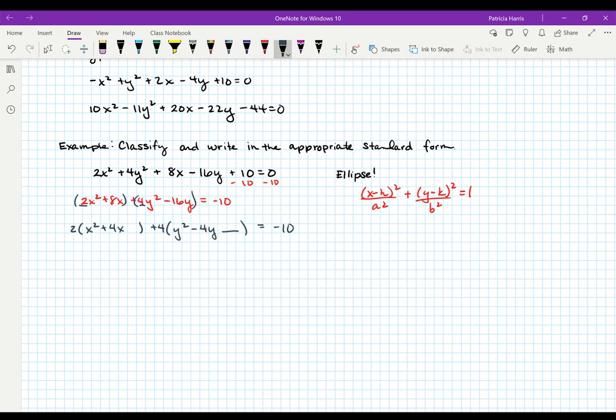Now, when you complete the square, you want to be able to rewrite this plus something is equal to that. Whoops, that's a minus.